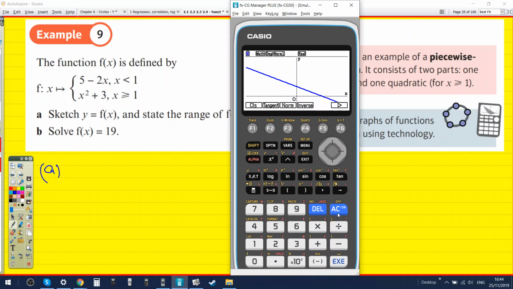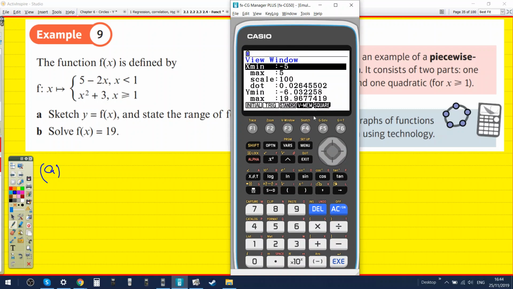No. Draw that. Shift. View window. Yes. Shift V window. And x minimum would be 1. And then the x max, we can just say like 999 or something like that.